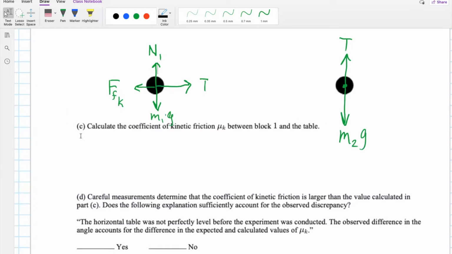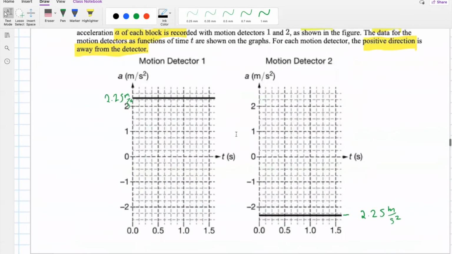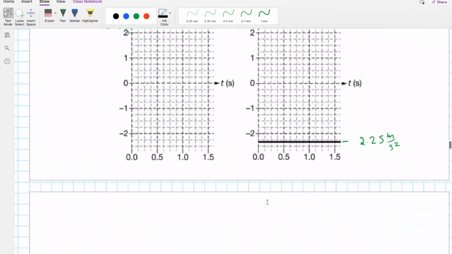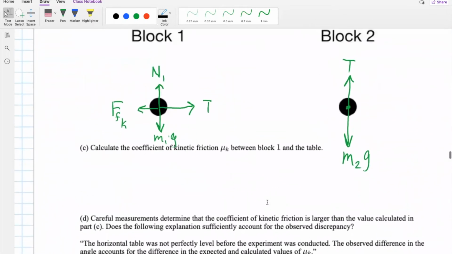Okay, so the next part, C. Calculate the coefficient of kinetic friction, mu k, between block 1 and the table. And we're going to assume that we're going to use these values for the acceleration. So if we think of a system of masses approach, we can visualize this as one giant blob accelerating along, if you want to misuse terminology, this kind of line of action.